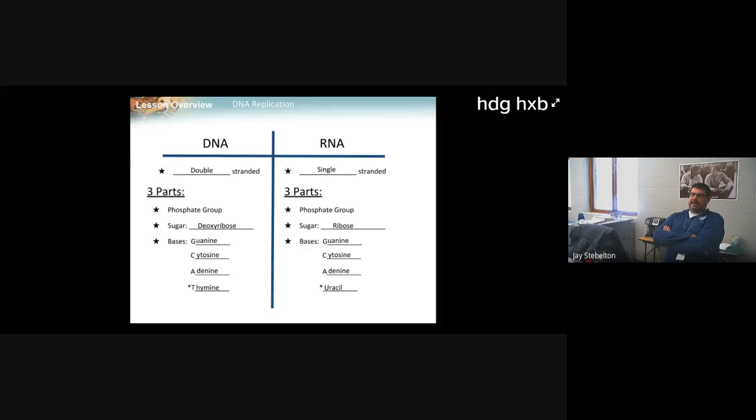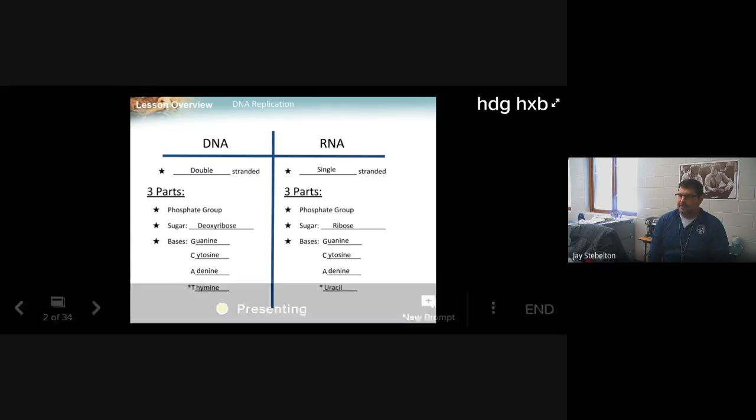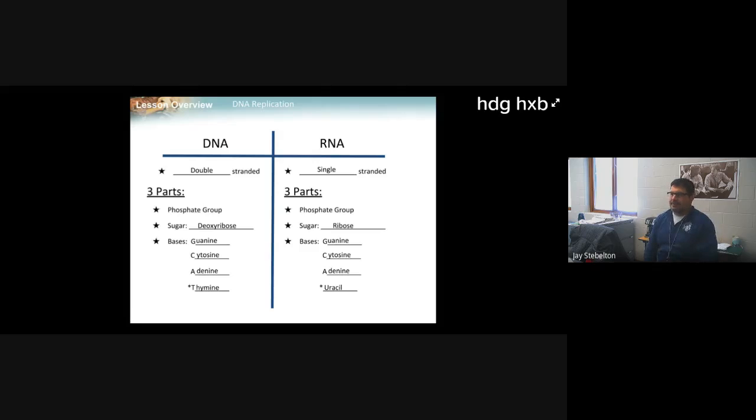The 3 parts of DNA are the phosphate group, the sugar deoxyribose, and the bases A, T, C, and G. And the 3 parts of RNA are a phosphate group also, this time the sugar is ribose, and the bases are A, U, C, G. So you can see the differences down at the very bottom there, where the difference in the base pairs is that DNA contains thymine, the T, and RNA contains uracil, the U.